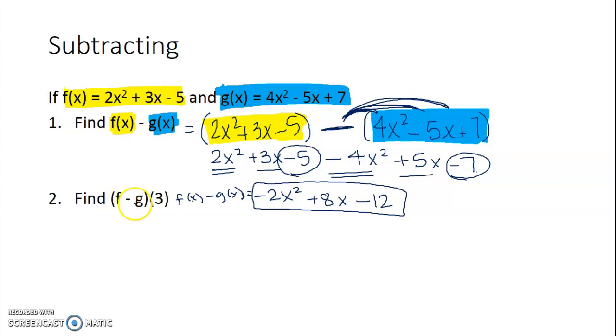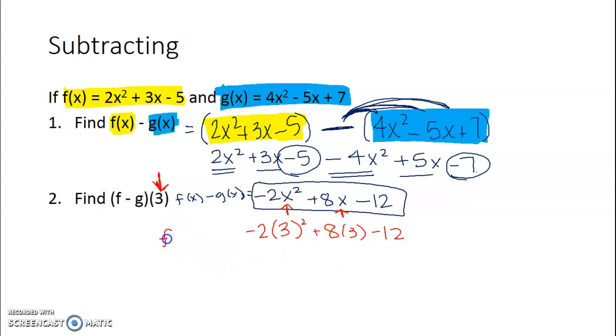Here it says to do f minus g, so I still have that minus, but to use a 3 right there. So I'm going to want to put 3's in everywhere I see x's. So I'm going to put a 3 right there. Another one right there.